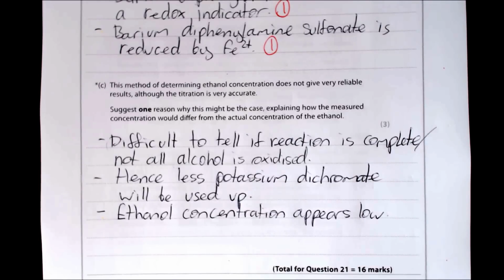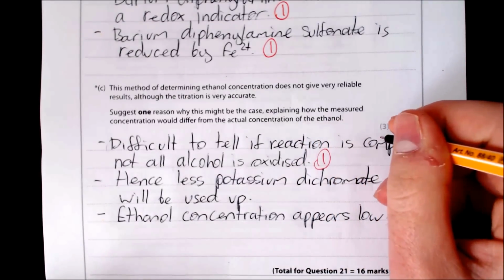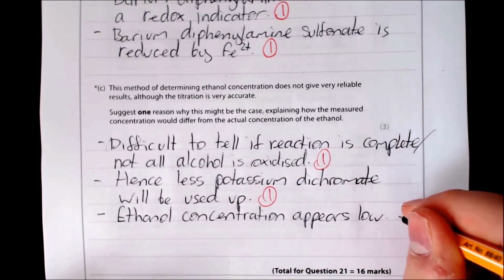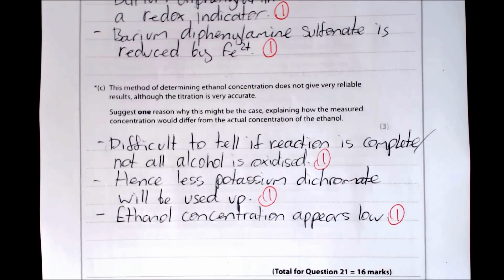So you get 3 marks here. 1 mark for saying that it's really difficult to tell that it's complete because of the both colorless liquids. Therefore, we'll use less potassium dichromate, and the impression that would give is that your actual ethanol concentration is low compared to what it should be if we'd left the reaction a little bit longer to oxidize.